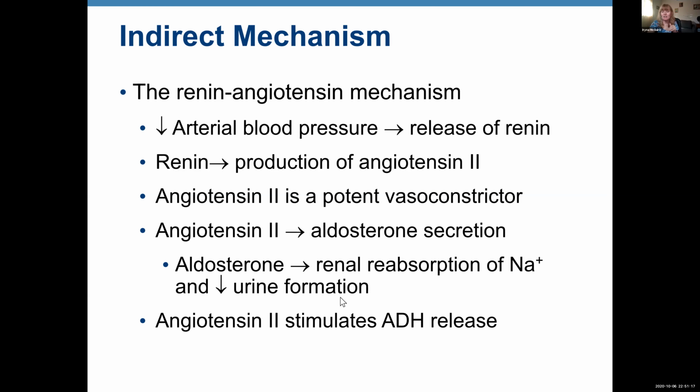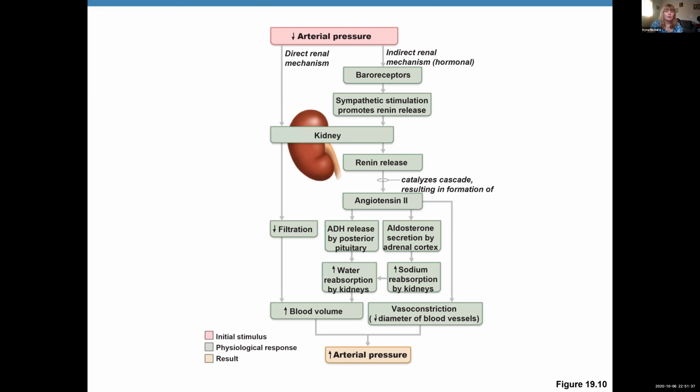So you decrease urine formation. When you decrease urine formation, you increase your blood volume and you increase your cardiac output. And angiotensin also stimulates the release of ADH, which is also antidiuretic. So again, you retain more water. That all increases blood pressure. So over here you can see that when arterial blood pressure drops, we have the direct mechanism.